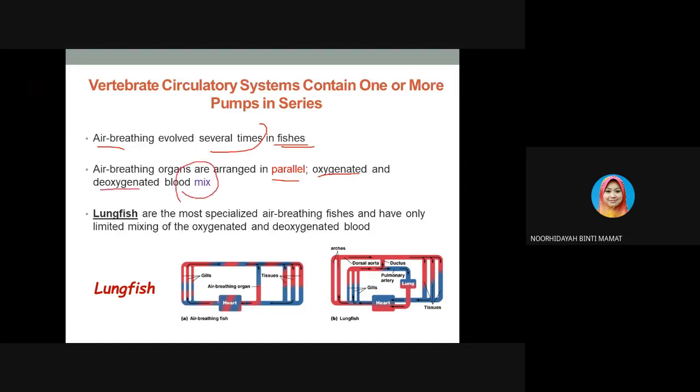You can see from this figure that the oxygenated and deoxygenated blood are mixed around the blood vessels. Lungfish are the most specialized air breathing fishes, and they have only limited mixing of the oxygenated and deoxygenated blood, as you can see from this figure.